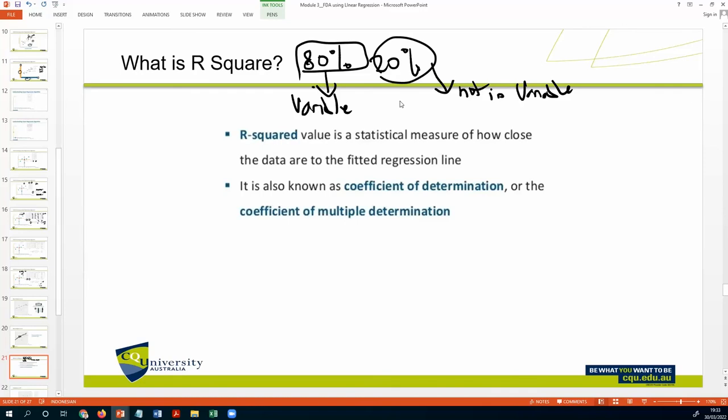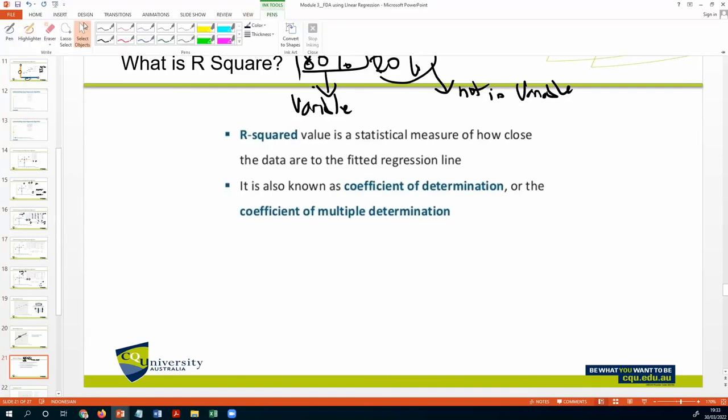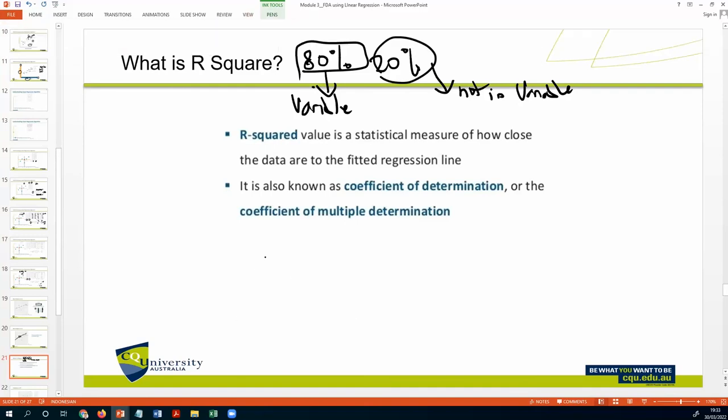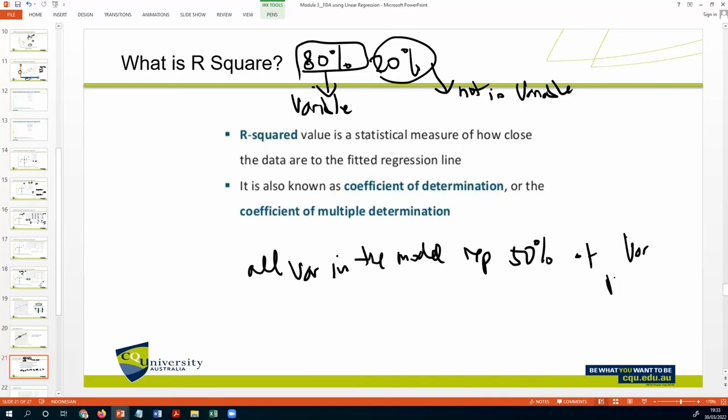So far so good. Until this slide, any questions? If R square is 50%? Come again, Bendu? If R square is 50%, it means all variables in the model represent 50% of the variation in the population.